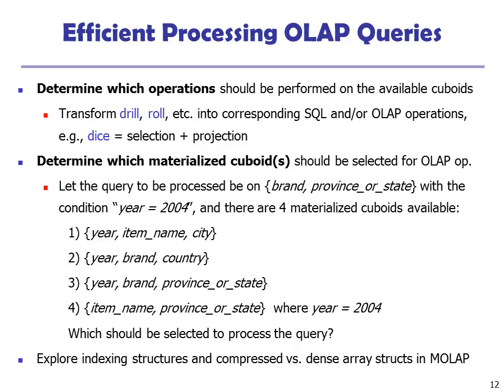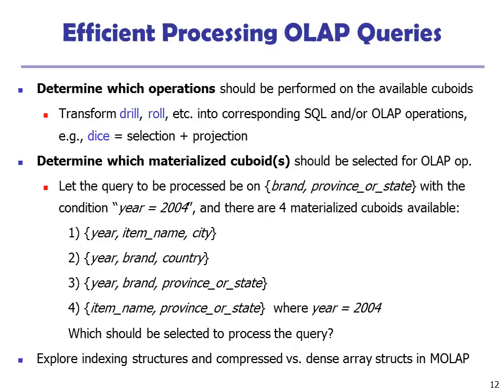Let's learn about how we can go about efficient processing of online analytical processing queries. For that, it has to be done in two steps. First, we need to know which operations have to be performed on the available cuboids, and in which order, in order to get down to the smallest cuboid of interest to us.